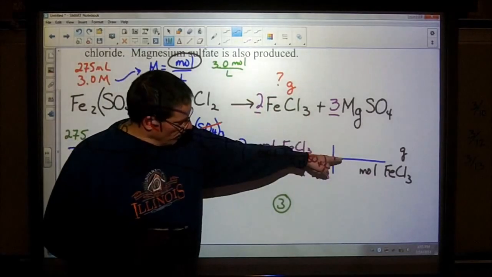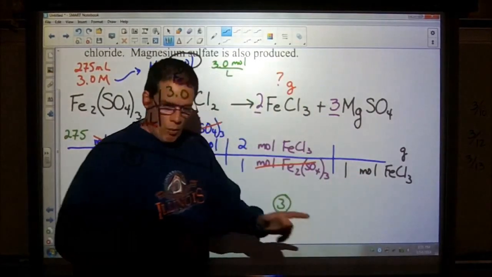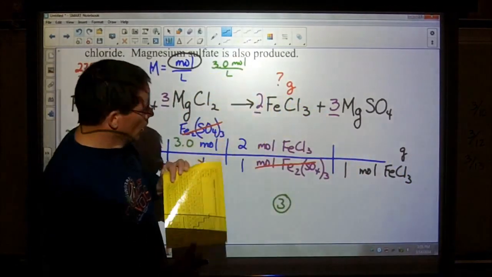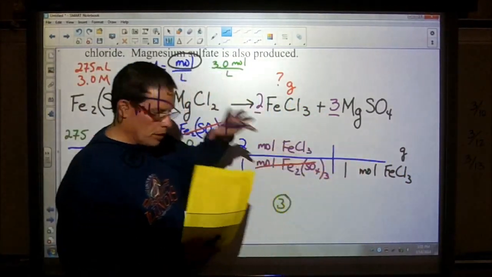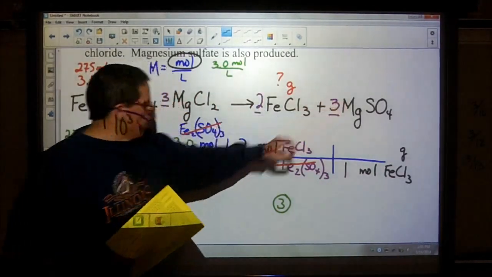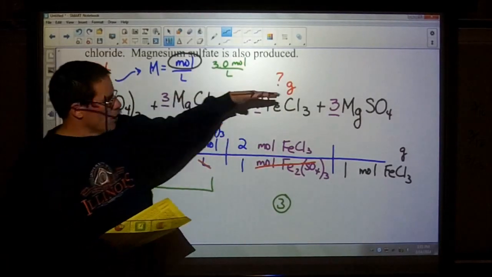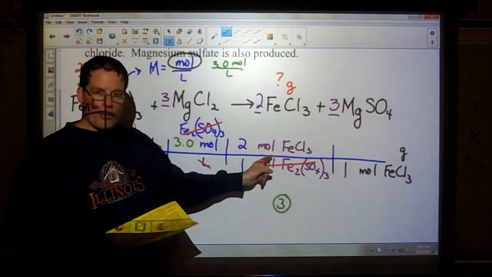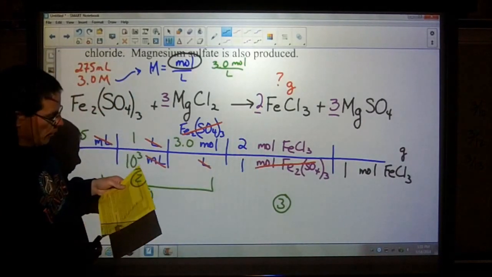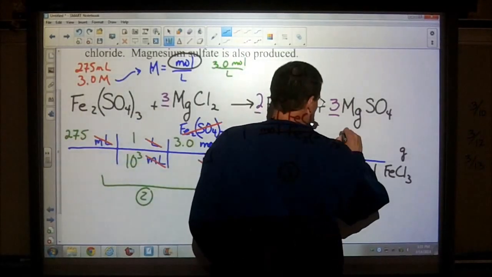Since I'm looking for grams of iron chloride, this needs to be a 1 because of whatever's on the periodic table. Again, when we're calculating grams for something, it's always for 1 mole, not from up here, not from the balanced equation. We only use the coefficients or the numbers in front of the molecules for step 3. That's the only time. So let's find out the molar mass. Iron is 55.85 grams.